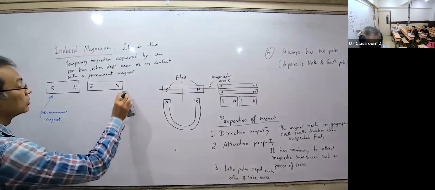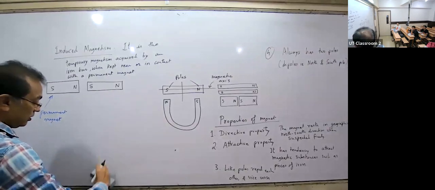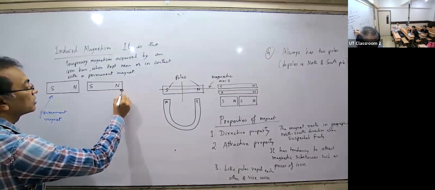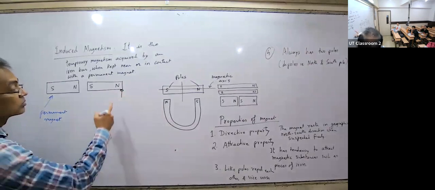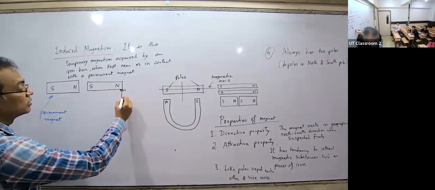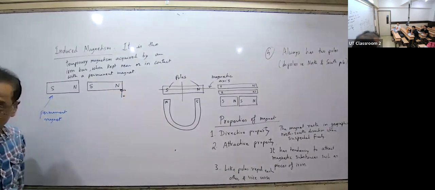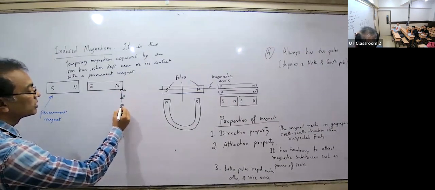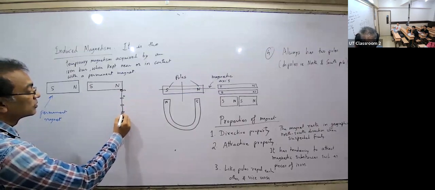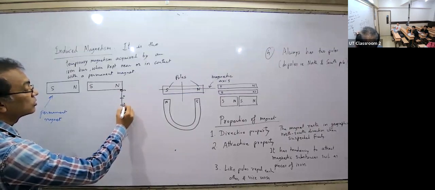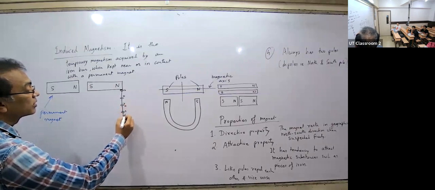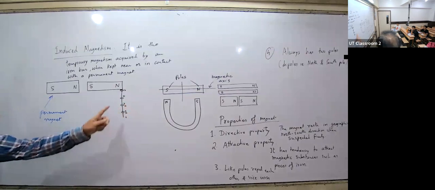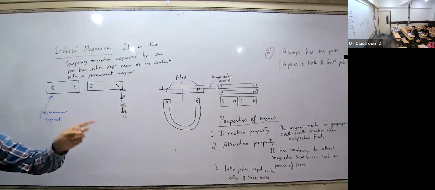Once it becomes a magnet, one nail will get stuck here. So this should be south and this should be north. Likewise, you can have so many nails, north, south, like that. It will keep developing. Each of them becomes a magnet. That is why they are attracted.